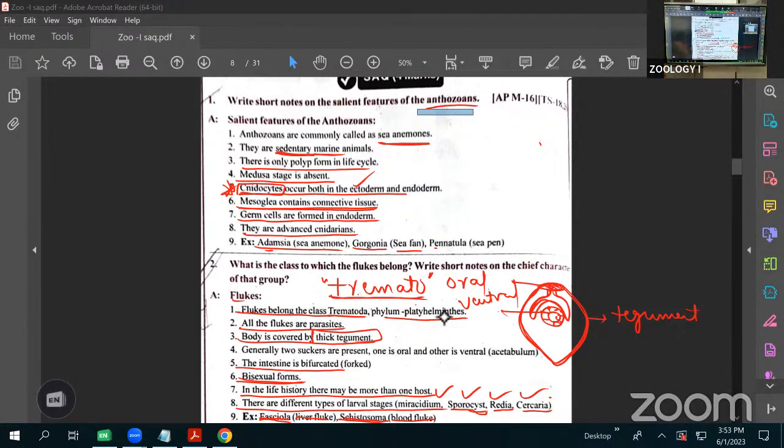Next important are Polychaeta general characters, arachnid general characters, and next crustaceans and echinoids. These are the most important general characters. This is the simple one, no diagrams will be there, easily you can write it. From this animal diversity, compulsorily one question will be there, and you prepare for this one.